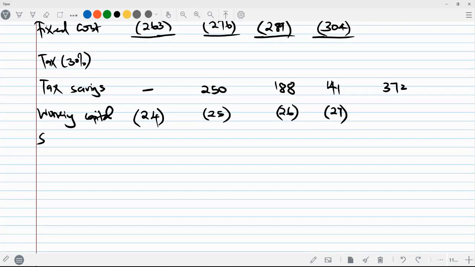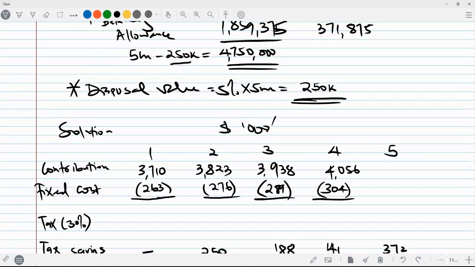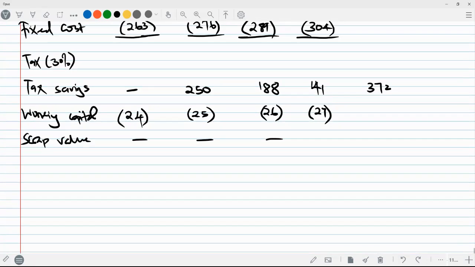In the final year, we dispose of the machine and earn some money, scrap value, which is in year 4, and we earn 5%. We got what? Yes, it is 20,000. We earn a cash inflow of 250,000, and then we're done. Okay, once you've done that, you get the cash flows. These are nominal cash flows, year 1, year 2, year 3, year 4, year 5.